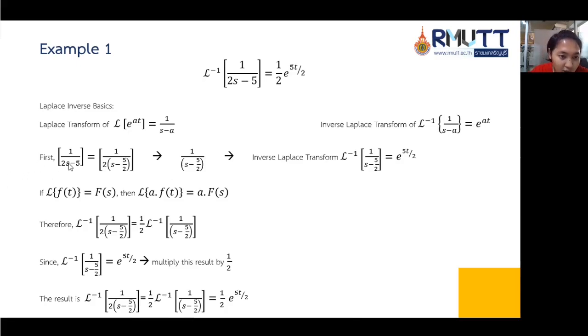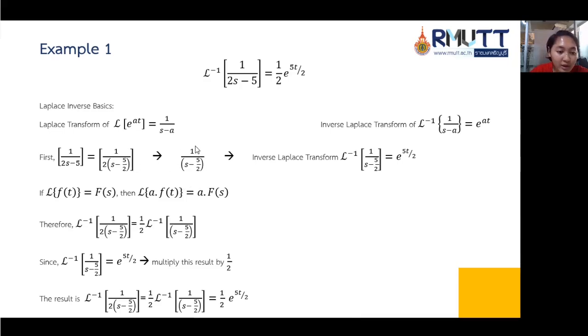Then from this problem, 1 divided by 2s minus 5 is equal to 1 divided by 2 times s minus 5 divided by 2.